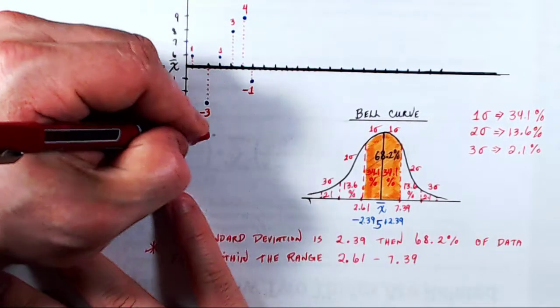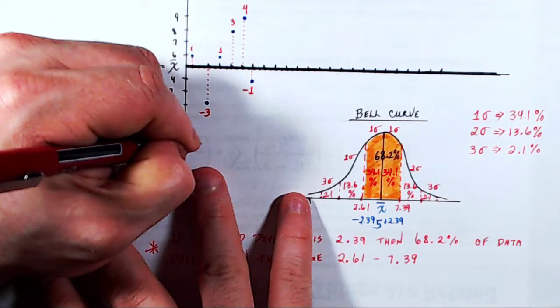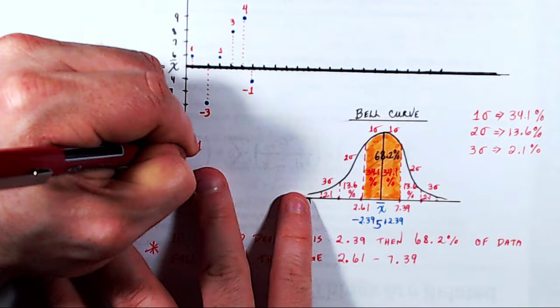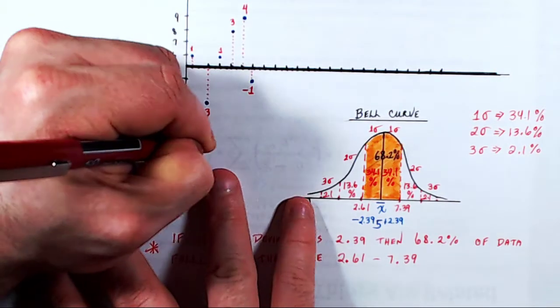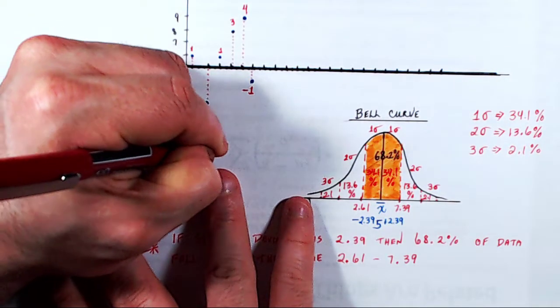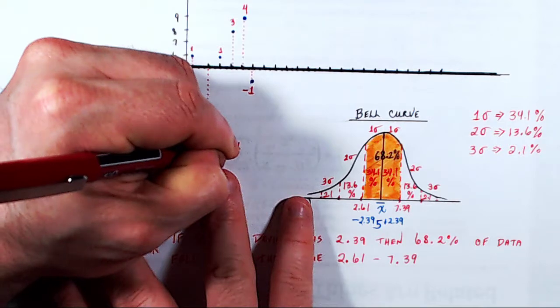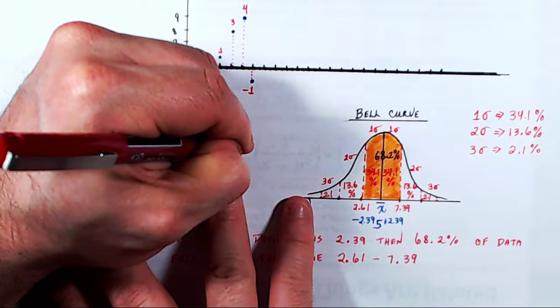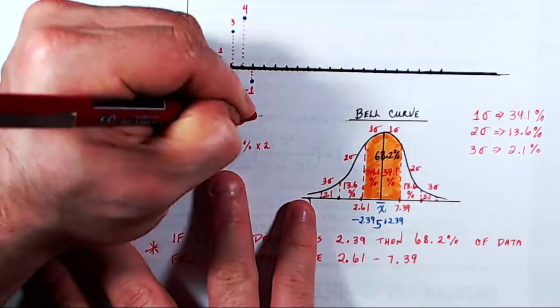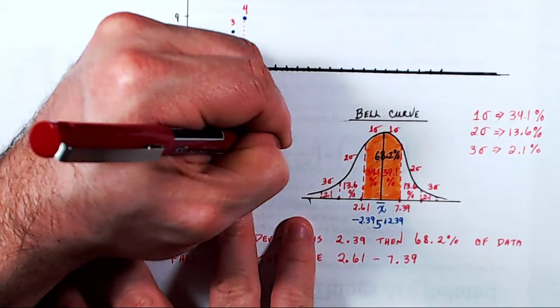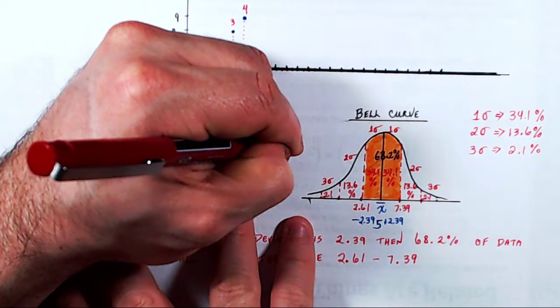So let me just write this out again. If one standard deviation is equal to 34.1% multiplied by 2, we get 68.2%.